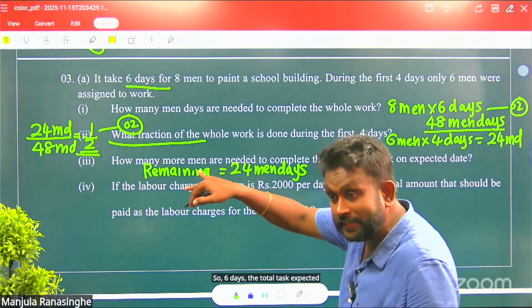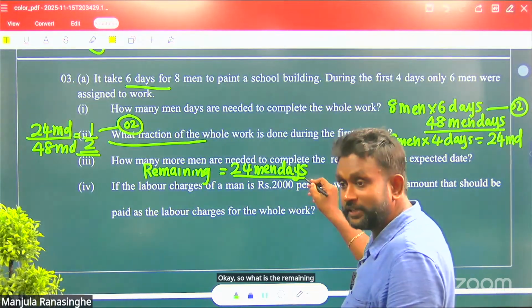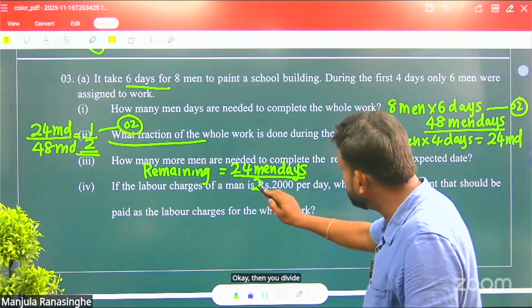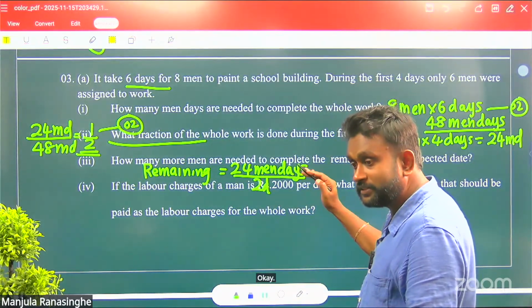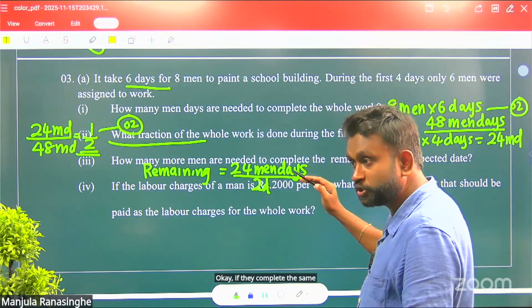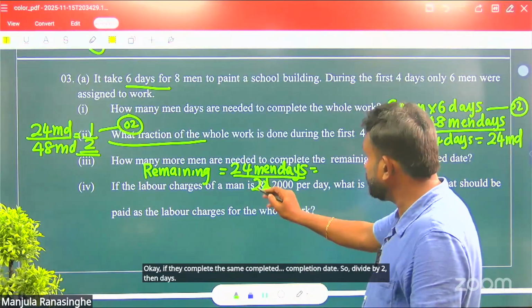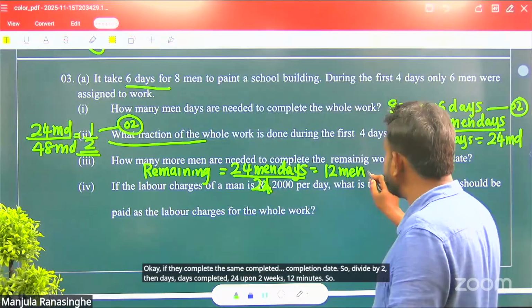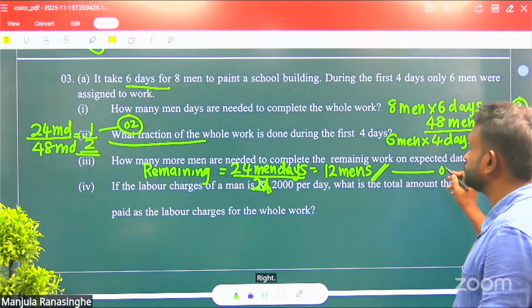Now 4 days elapsed. So the remaining days to complete those men days is 2 days. Then you divide by 2 days remaining. If they complete by the same completion date, divide 24 by 2, 24 upon 2 is 12 men. So now 12 men are required to complete within the same day, right? So you have 2 marks.